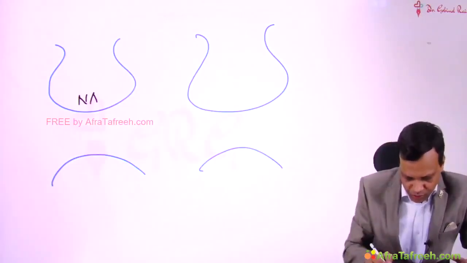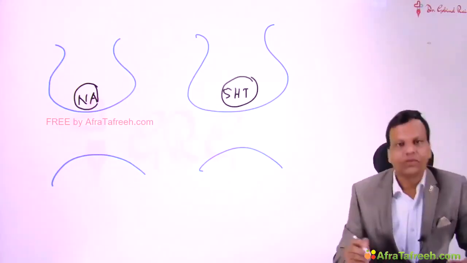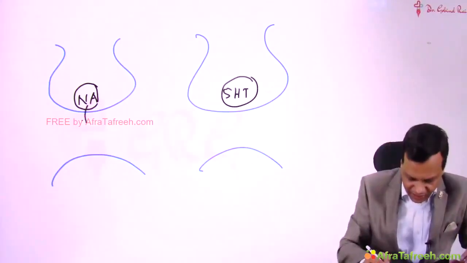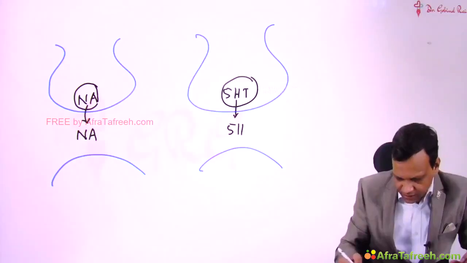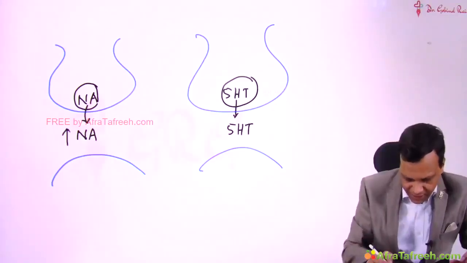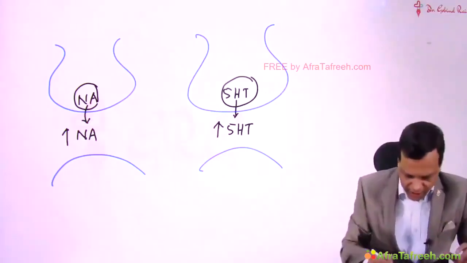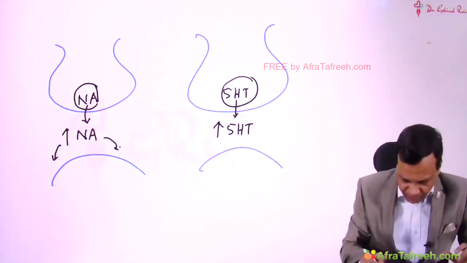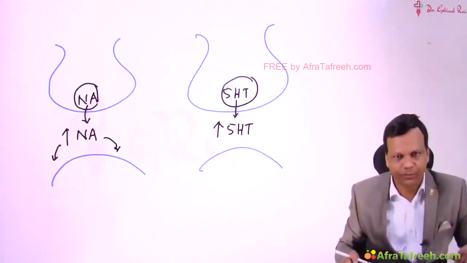so there are two neurons, one containing noradrenaline, second containing serotonin. So mirtazapine increases the level of both noradrenaline as well as serotonin in the synapse. This noradrenaline can act on whatever receptors are available, alpha receptor, beta receptor, whatever is available.